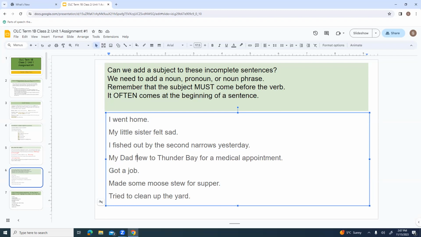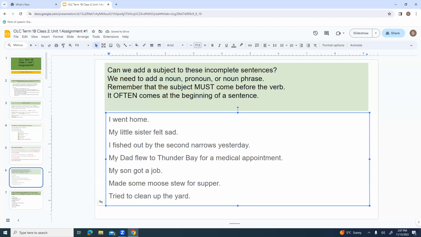The default in English is that we use the lowercase letters unless there's a reason to use the capital letters, okay? Got a job. I could say, my son got a job. Get rid of the big G, put a little g.